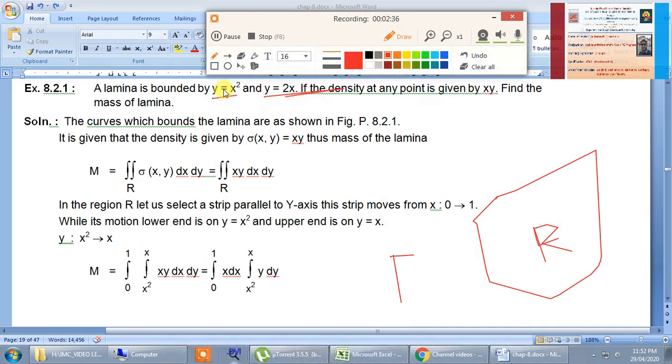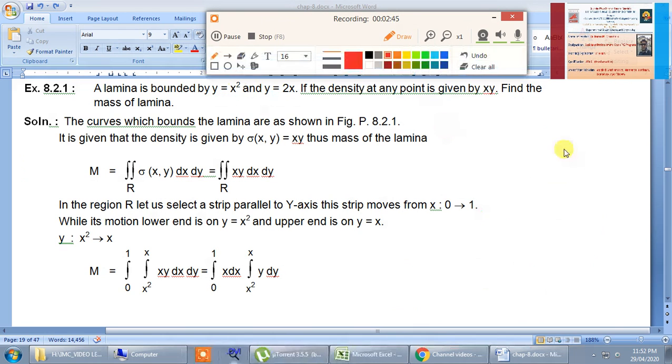So y equal to x square is symmetrical about the y axis. Why is it symmetrical about the y axis? Because all powers of x are even. And we get a parabola, an upward open parabola. Suppose this is your x-axis and y-axis, and you will be having an upward open parabola.